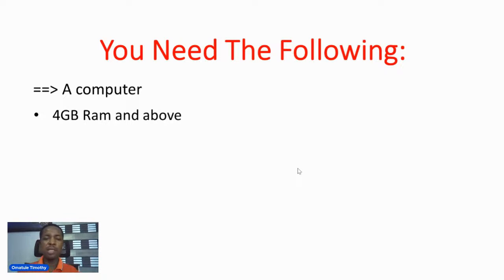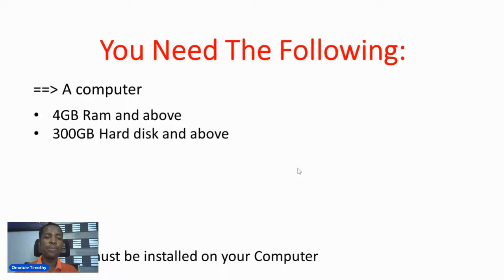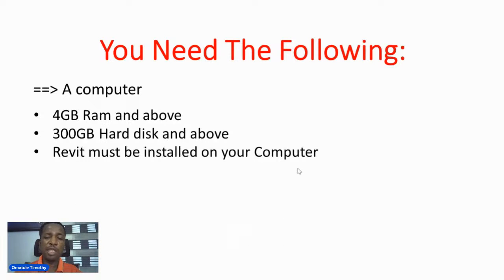And the higher it is, the more expensive it is. It depends on the size of your pocket and the size of your bank account. And the hard disk must have at least 300 gigabytes and above. The higher, the better. And Revit must be installed on your computer.